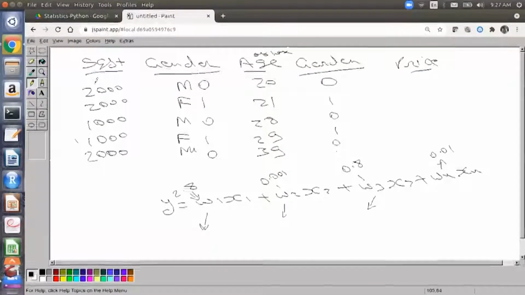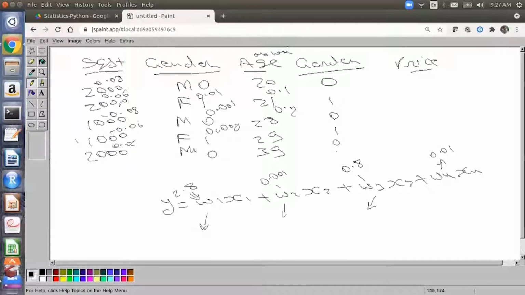All the data will come down into a range. It will become 0.08, 0.06, minus 0.08, minus 0.06, 0.05, 0.01, 0.001, 0.008. So the conversion will happen. Now the weight calculation will be like 0.18, 0.0001, 0.2, 0.02, 0.01.